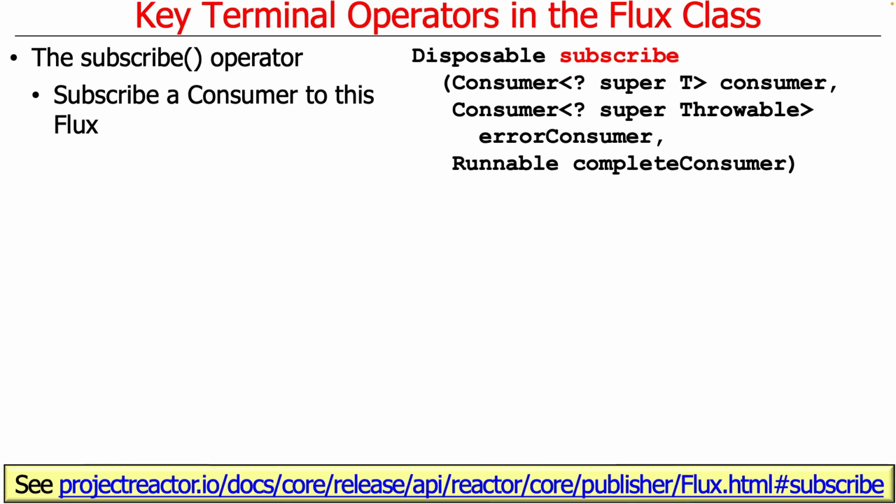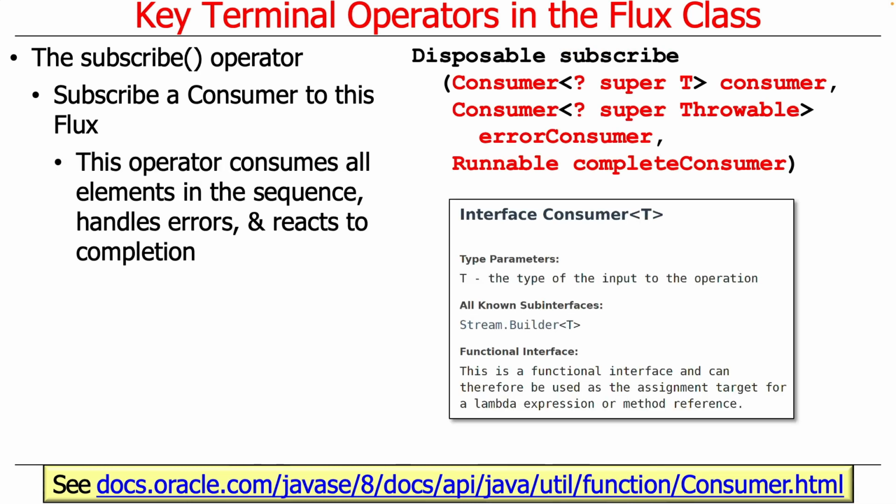So what does subscribe do? It subscribes a consumer and runnables to a Flux. And as you can see here, the operator, along with the stuff that it's going to pass as parameters, is going to consume all the elements in the sequence if they work.